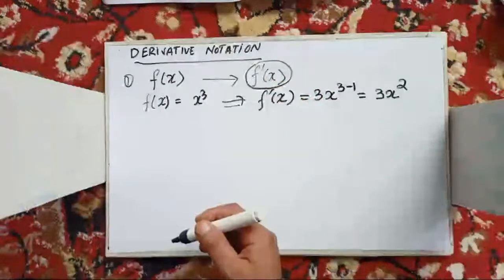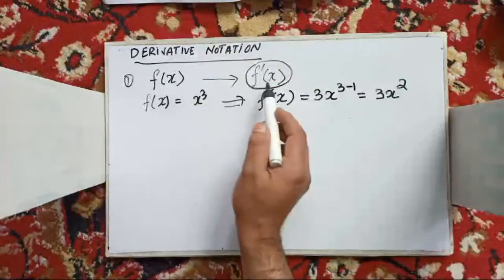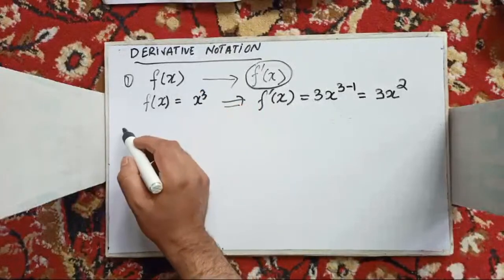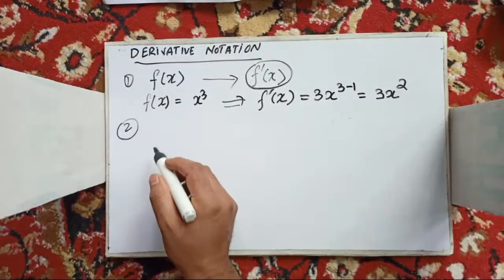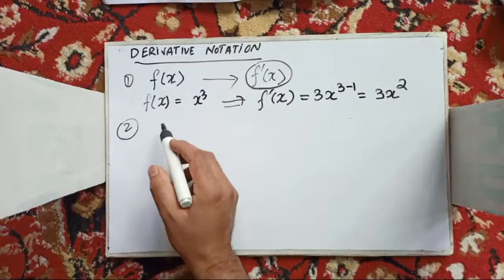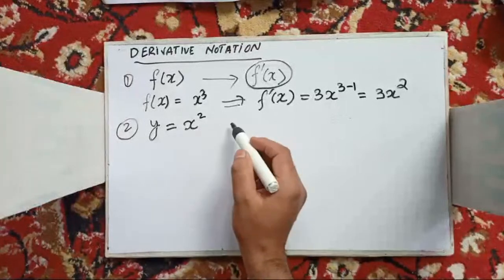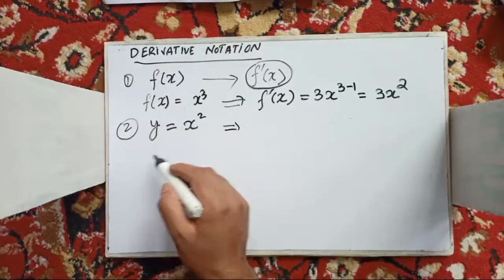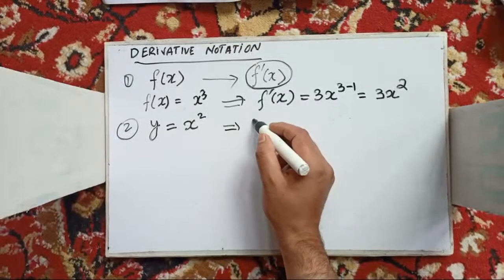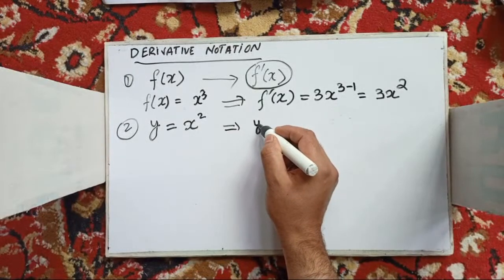Similarly, we can write this same question like, we are given y is equal to x square. So this is another notation. We can write the derivative of this function as dy by dx.